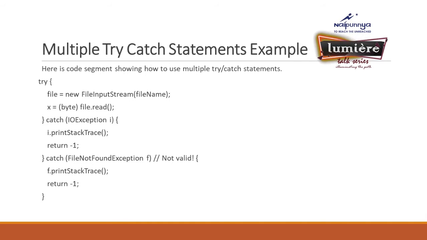So that is what is given here. So if either type of exception is thrown, it can be caught by a single catch block. So this is another way in which we can add the catch block.